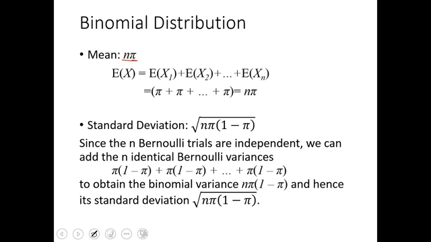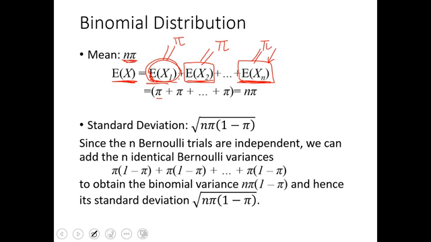So the mean of the binomial distribution is the sum of the means of the Bernoulli distributions. The expected value of x1 is the expected value of a Bernoulli distribution, the expected value of x2 is the expected value of a Bernoulli distribution, up to the expected value of xn. And a Bernoulli distribution has expected value pi.